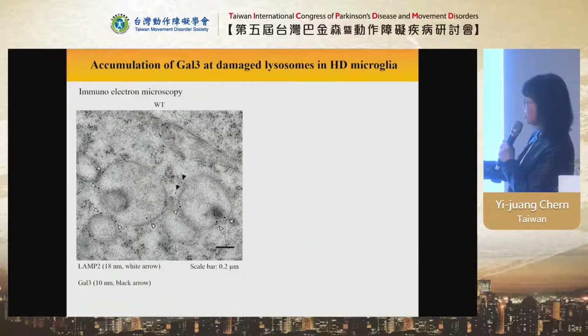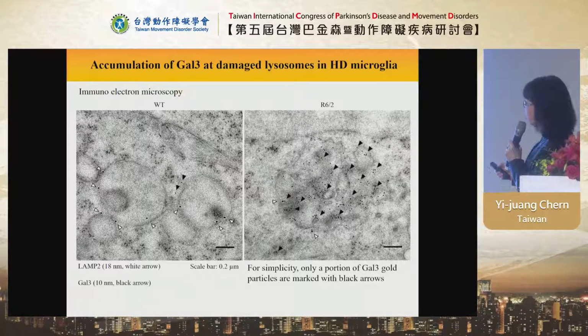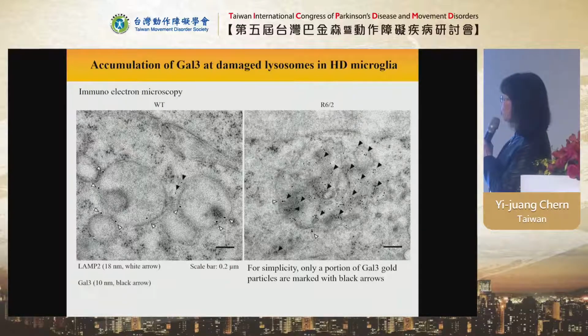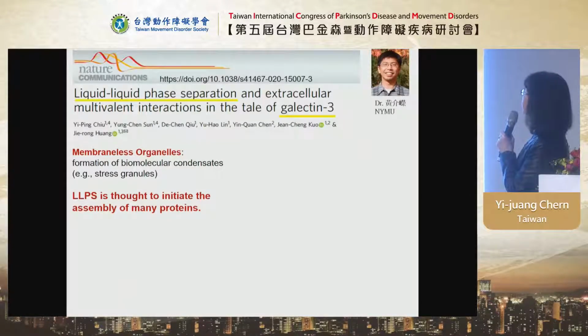Only here, and it's outside of the lysosome. But if you look at the Huntington's microglia, you find lots of very small galectin-3 in the lysosome, showing that they are really true, reflecting what we have seen in the immunofluorescence study.